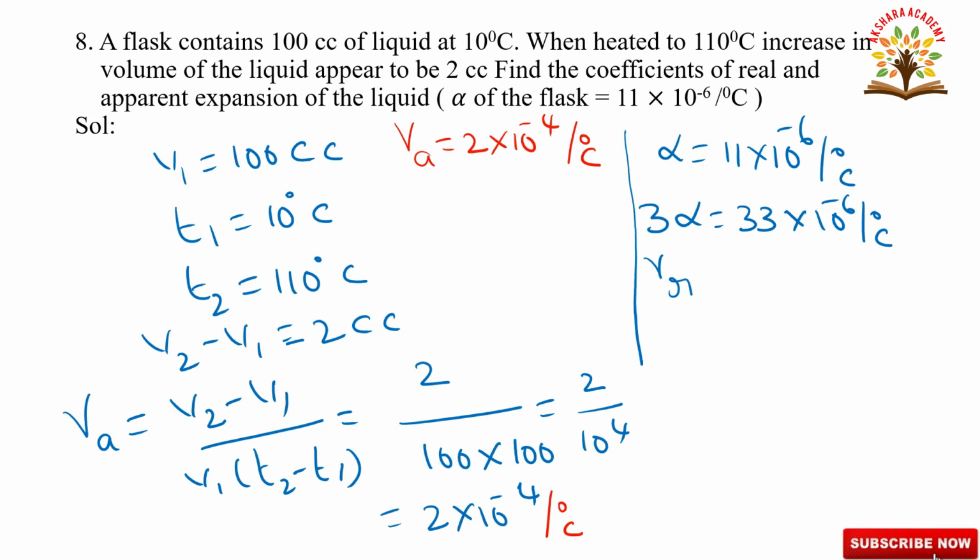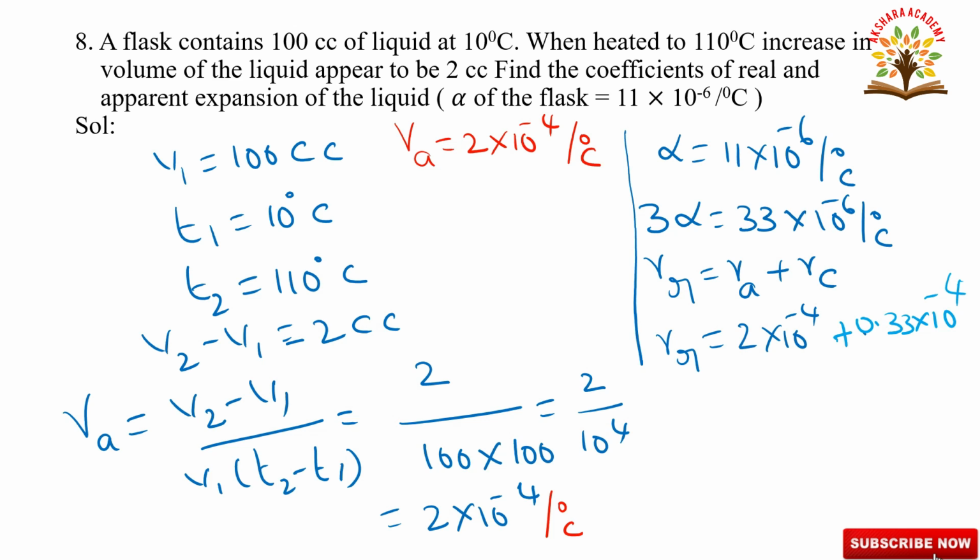Now gamma R is equal to gamma A plus gamma C. Substituting the gamma A value, 2 into 10 to the power of minus 4 plus gamma C, which can be written as 0.33 into 10 to the power of minus 4.